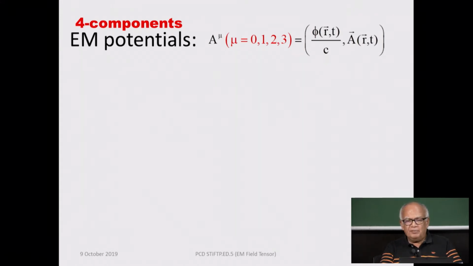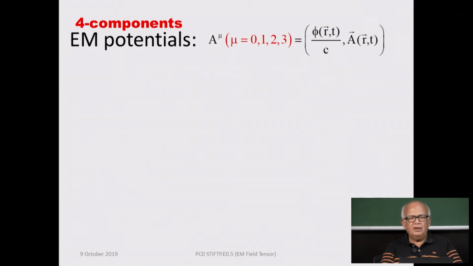So, you have how many scalars? 3 components of A and phi, which is 4 components, and you represent this in terms of these 4 components A mu, with mu going from 0, 1, 2 and 3.